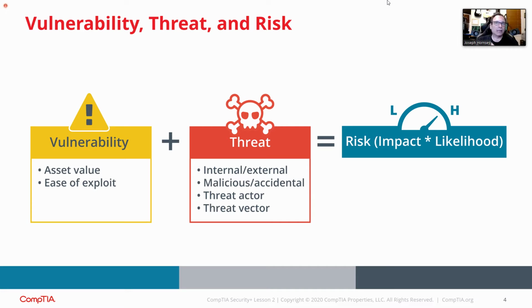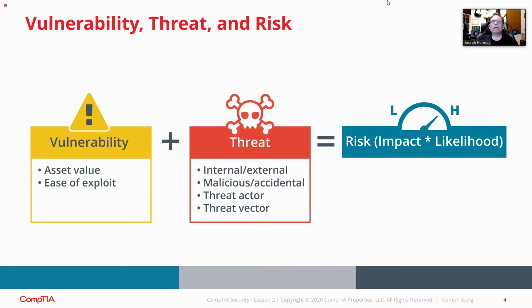And risk is the likelihood and the impact of the exploit actually occurring. So be familiar with the terminology, not just for the exam, but from a practical standpoint as well. It is industry standard terminology that you will see in everyday conversation.